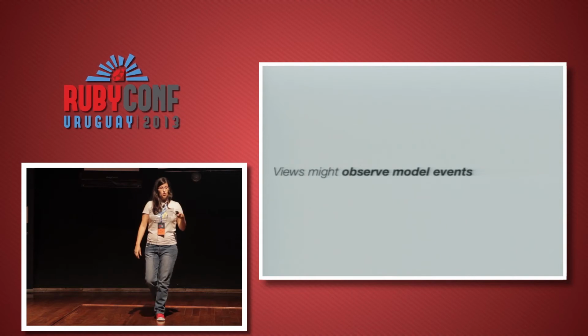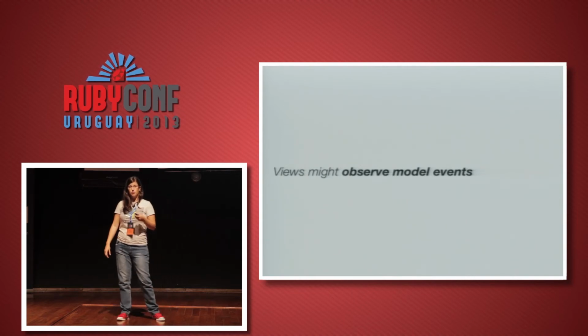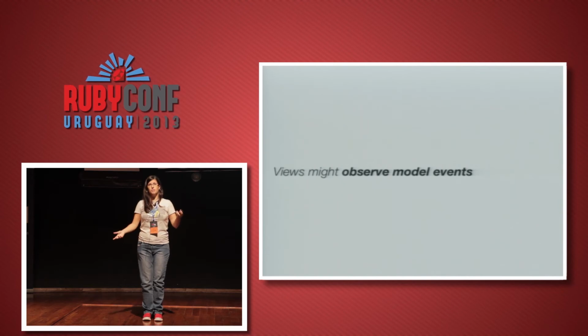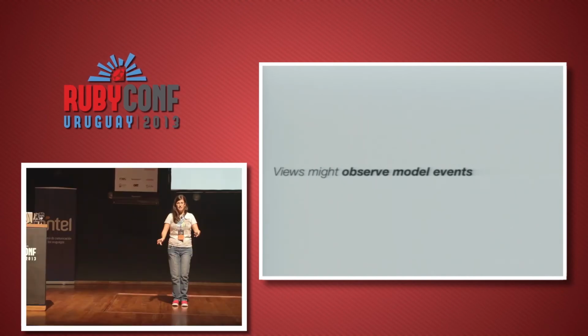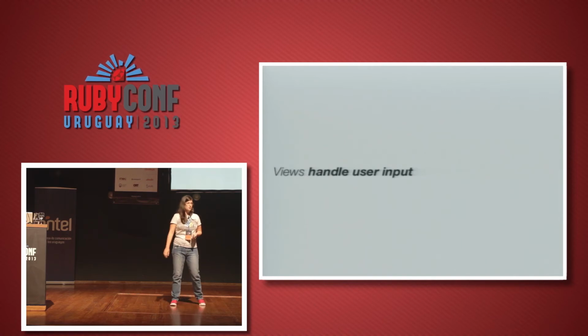And the views might observe model events. So if my data is updated or whatever, the view knows when it has to render again. This is not automatic. You have to do this, like everything, of course. But in the end, this is what you should do.